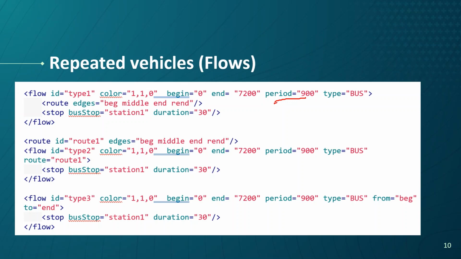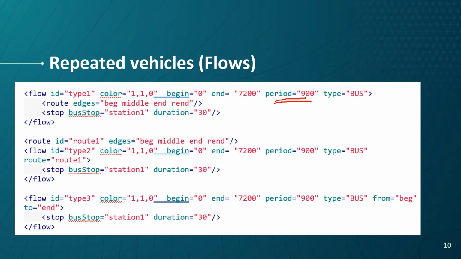For example, here we use the period to generate the vehicles. So flows can define their route explicitly like vehicles, or, I mean, using the from, to, and via attributes like the trip definitions.